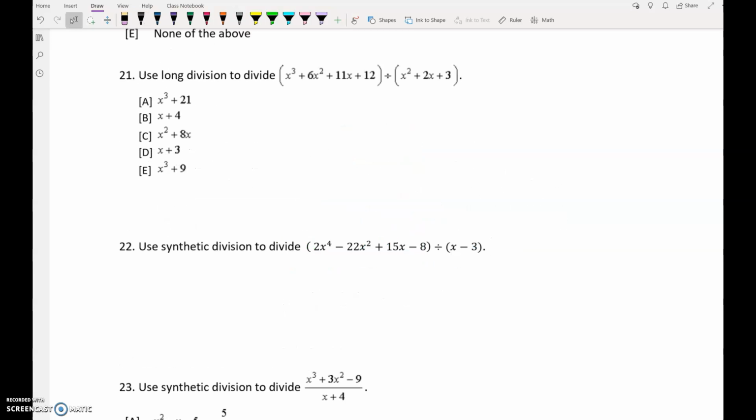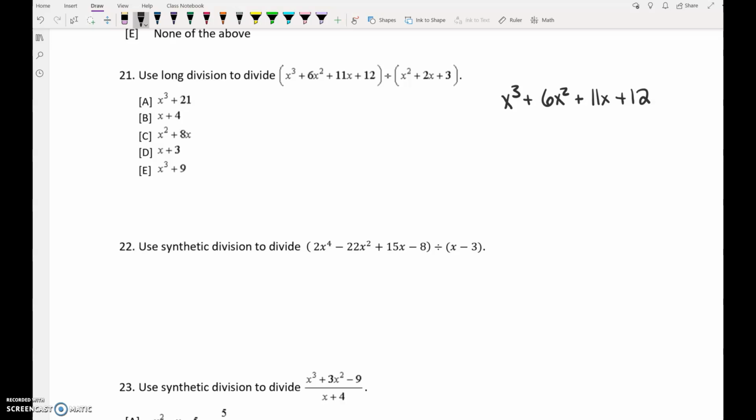Okay, number 21, long division. For long division, we need x to the third plus 6x squared plus 11x plus 12. Notice we started with x to the third and we have no missing terms.